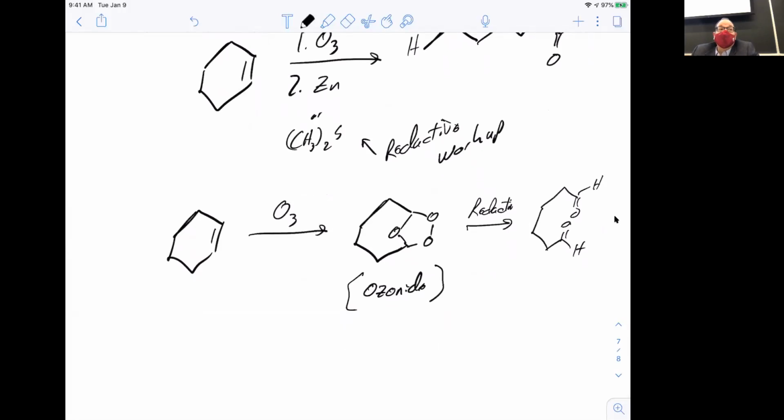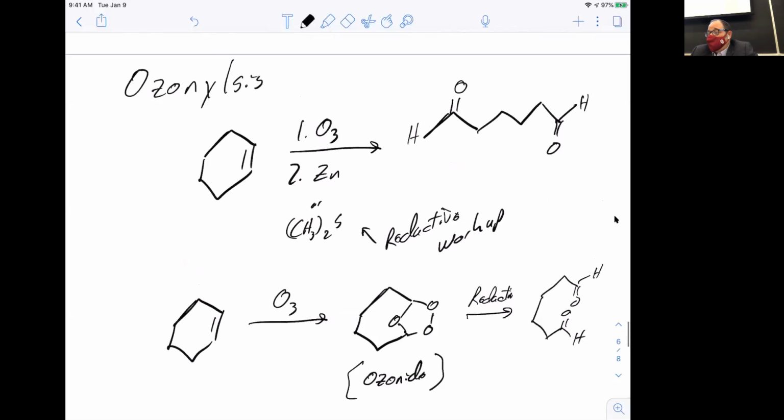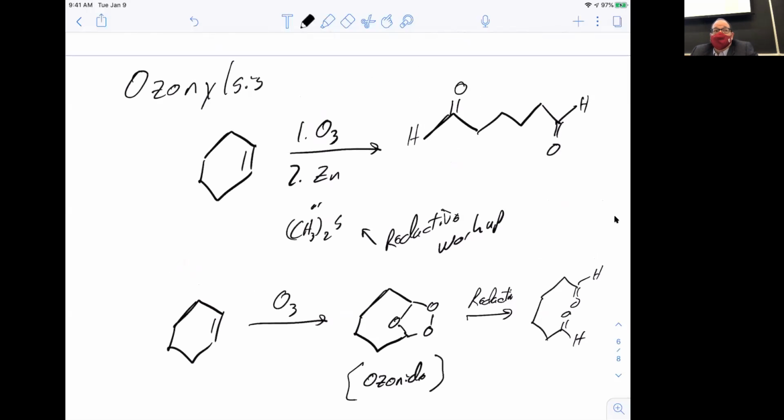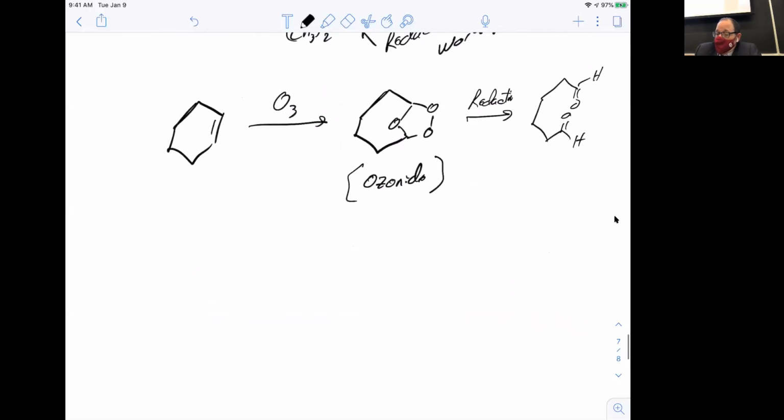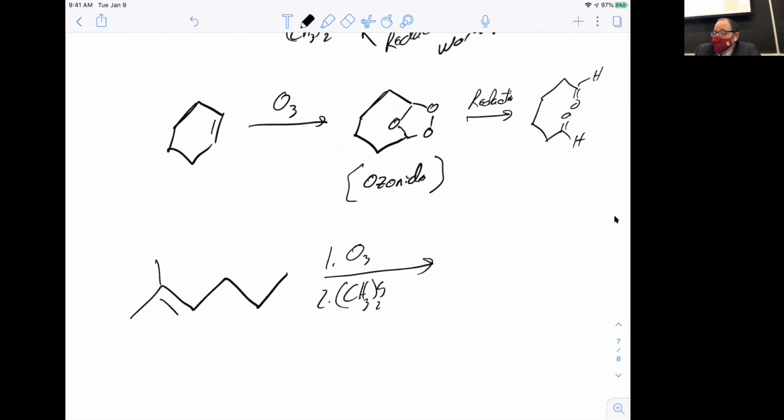So you won't need to know the mechanism for this one, but you do need to know that it goes through an ozonide. If we look up here, that's a little bit confusing, but in ozonolysis, one way to think about it is, here we're just using the disulfide.